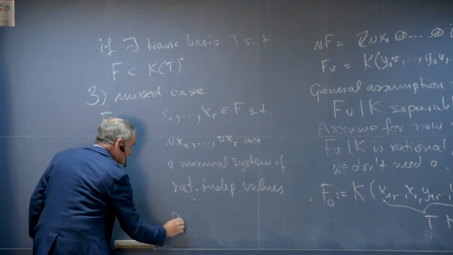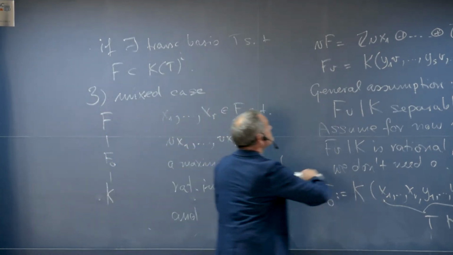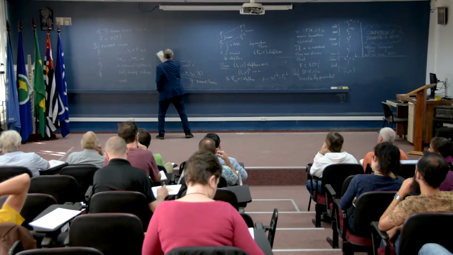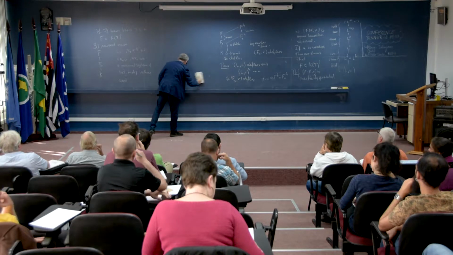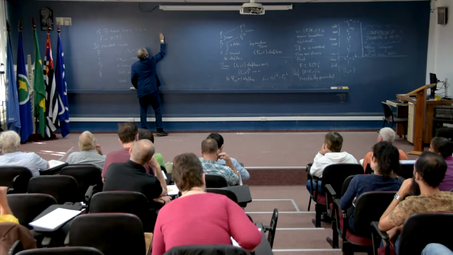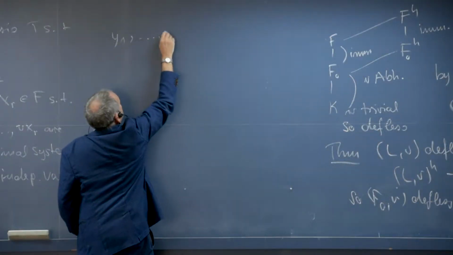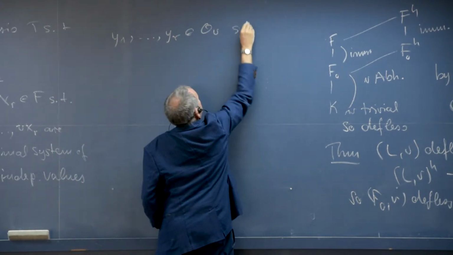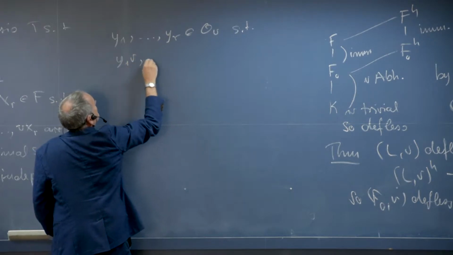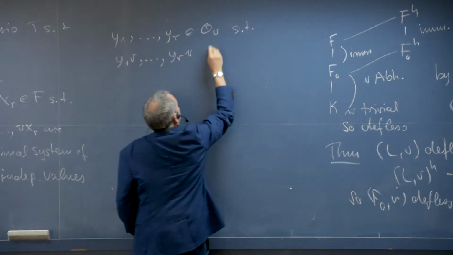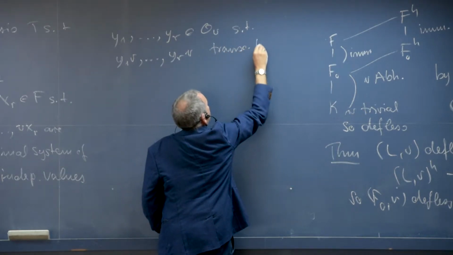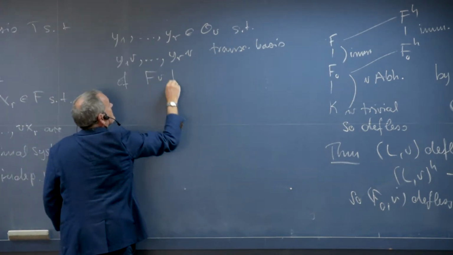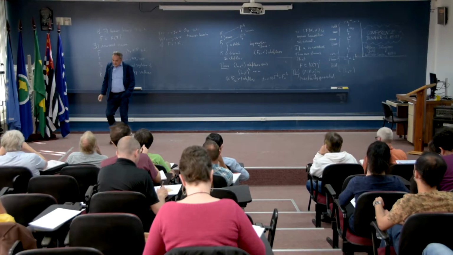And we take the y's, well, now they should be in the valuation ring such that their residues form a transcendence basis of this extension.